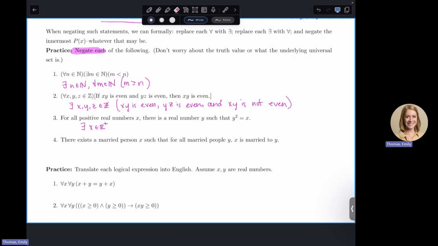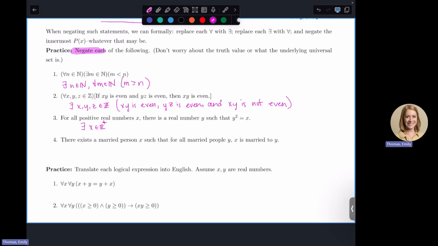Or you can do R greater than 0. If it was non-negative, you could do this to include the 0. Your book calls that R non-neg. But R plus does not include 0, so just be aware of that.